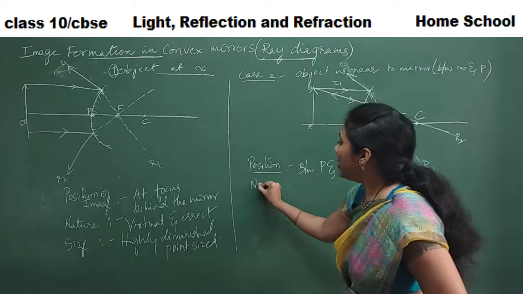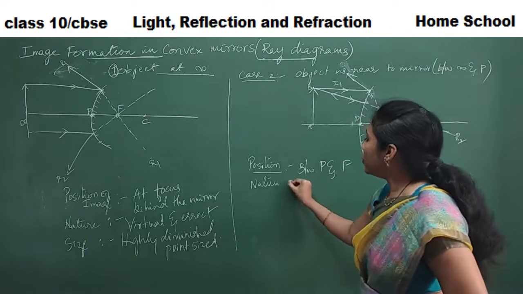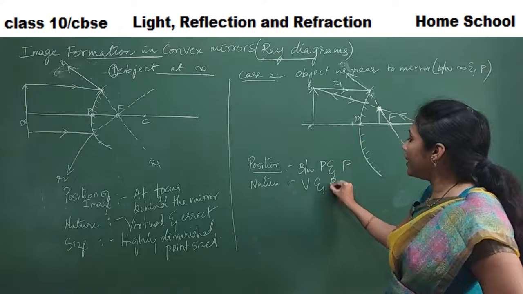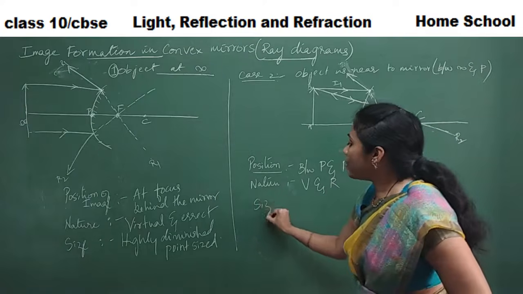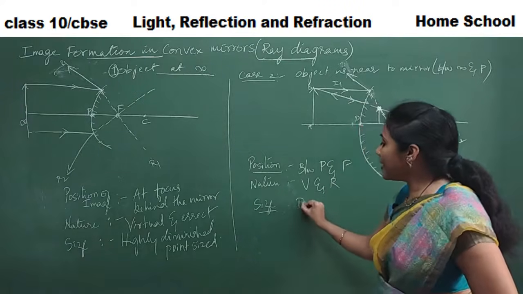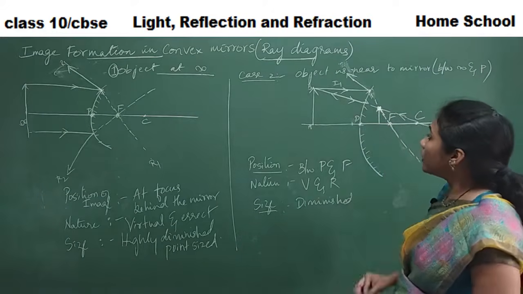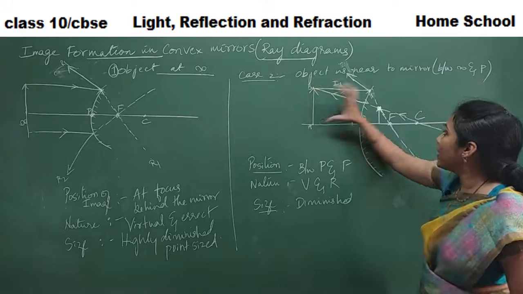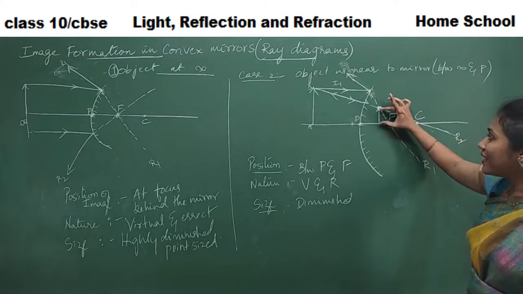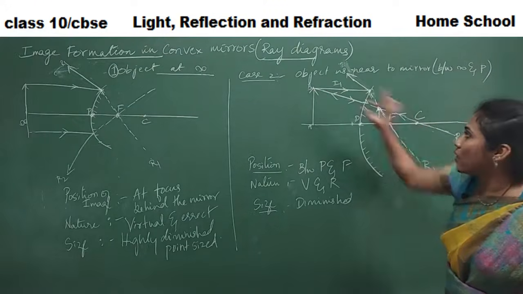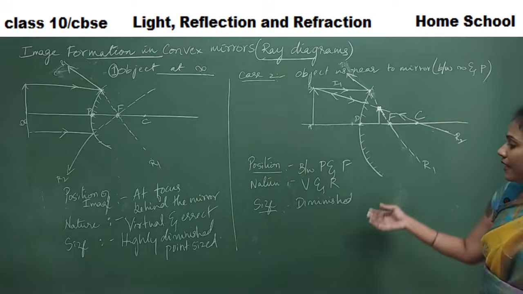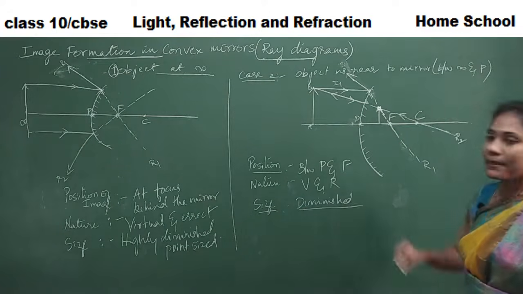And nature of image, definitely nature of image is virtual and erect. What about the size of image? Size is diminished only, smaller size you are getting. Okay, I took this much big object, but you are getting only this much image of this object. Okay, say that's why I have written size is diminished.